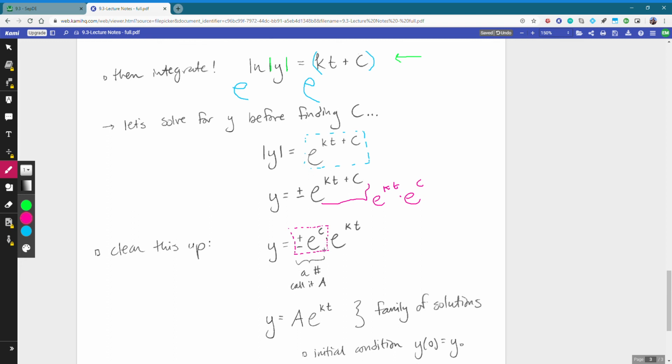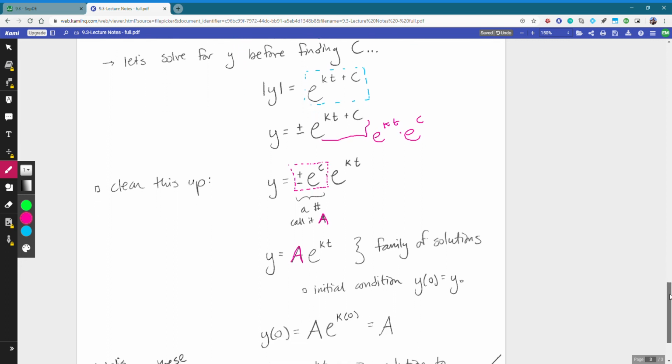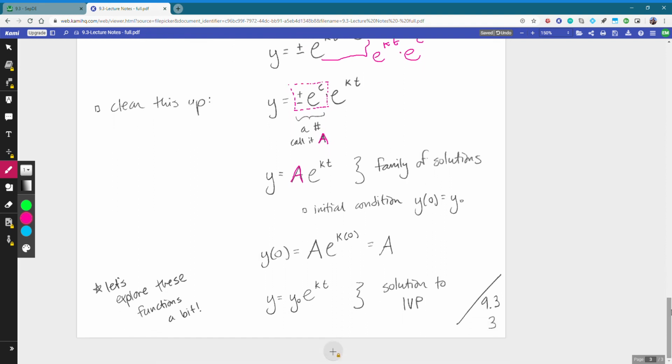Once we choose a constant c, then e to the c is a constant, and then either plus or minus that is still a constant. And so to just clean this up, let's give that ugly thing a name, call it A. There we go. This looks a lot friendlier. And so here is our nice clean way of describing our family of solutions to our differential equation. And now we can find out which one of these satisfies our initial condition.